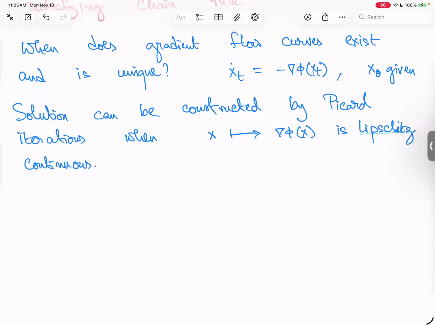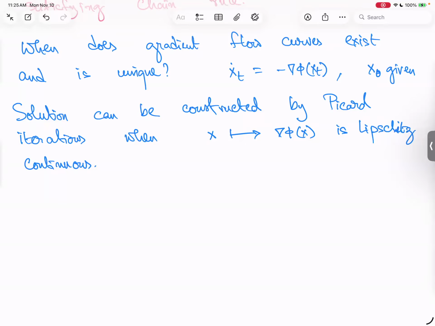Now, this is a very, very strong assumption, effectively saying that the Hessian of phi is bounded. A very, very strong condition, so most of the time it doesn't really work. But let's just see, when the conditions are super nice, how it is done.